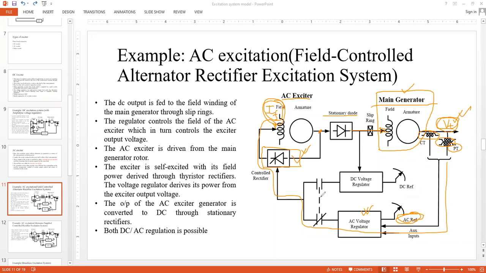And once there is any deviation, then it will provide some delta IF or change in the firing angle here. Okay, so the firing angle circuitry will be energized, and then you will have some updated value of IF. Accordingly, you will have updated value of V here. And that would ultimately control your field current for the main generator.